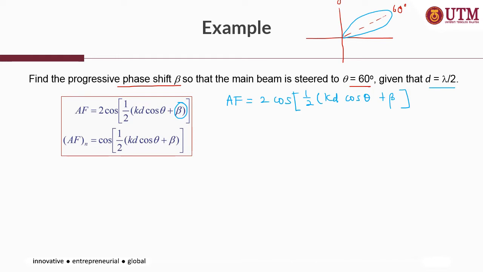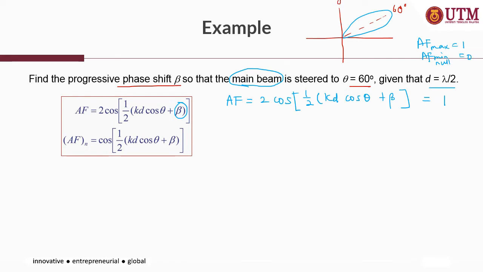Since the main beam is given, meaning this is the maximum radiation achieved by the design, the AF will be equal to 1. If it is the minimum, or null, the AF equals 0.